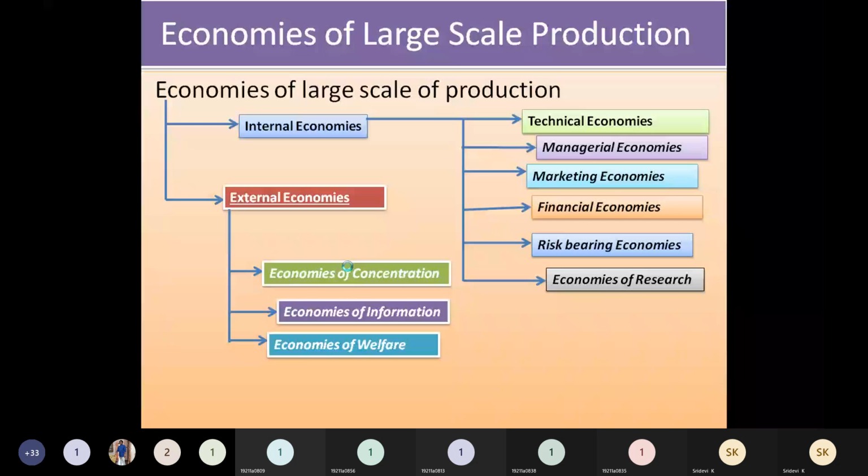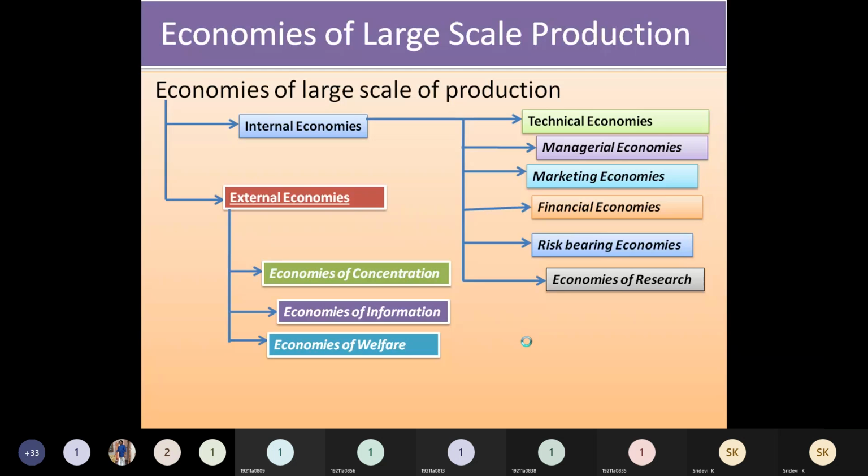So technically, if a big company is there, they can implement new technology in the companies, right? Due to which you can produce in plenty with less expenditure on the technology. Because new technology is going to produce large quantities within a short period, they can increase their production as fast as possible.